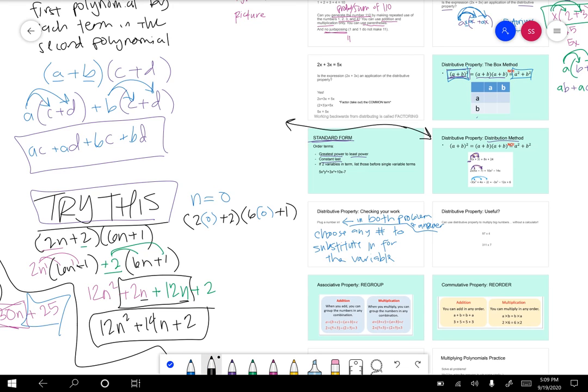Now we're just going to solve. 2 times 0 gives us 0, and 6 times 0 is 0. So 0 plus 2 is 2, 0 plus 1 is 1, and 2 times 1 is 2. Just substituting 0 in for n and solving.